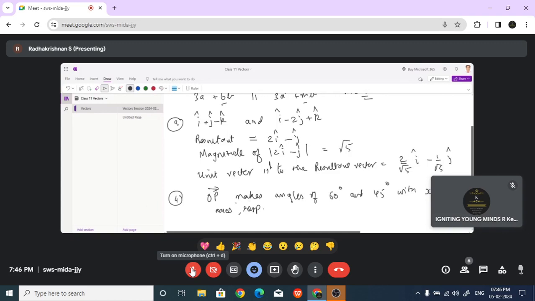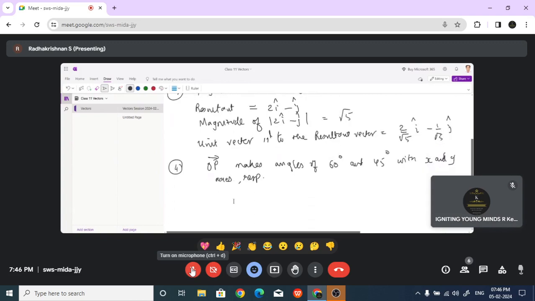Then what angle does it make with the Z axis? Can you tell, Sundaresan? Very simple problem.